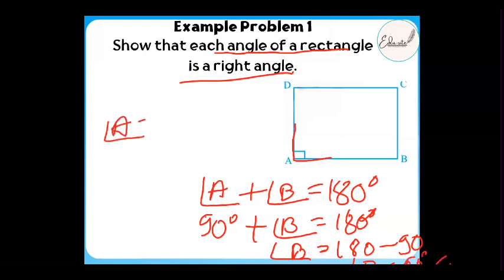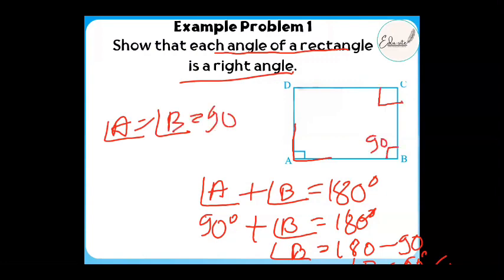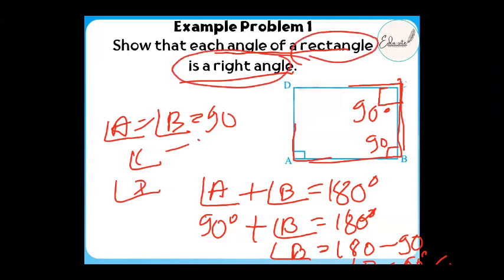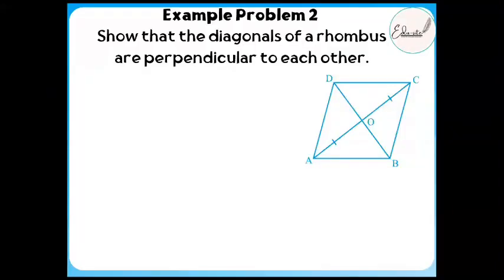So here angle A equals angle B equals 90 degrees. If both are equal to 90 degrees, then what else comes into the picture? Angle C is also equal to 90 degrees, because we can prove it through the sum of interior angles again. Angle C equals 90 degrees, angle D equals 90 degrees. If all angles are equal to 90 degrees, then it is a rectangle, correct? Yes.